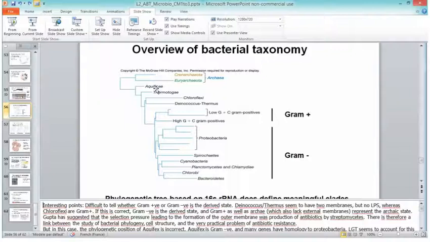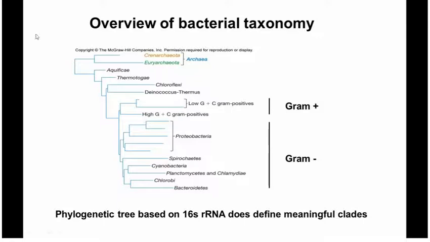So this one that's kind of at the root position is a gram-negative. So that means it's very, very difficult to tell from this tree which was the archaic condition. So they have an outer membrane, but no LPS, it's not proper gram-negative. This is gram-positive. This is gram-negative.